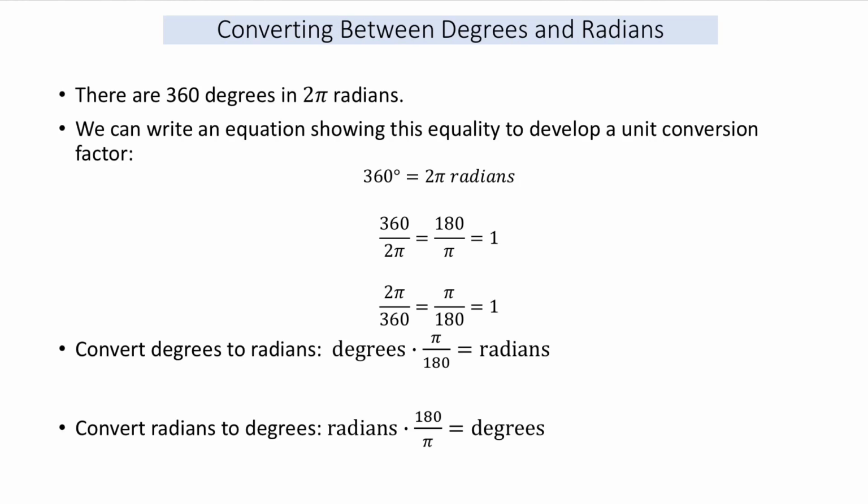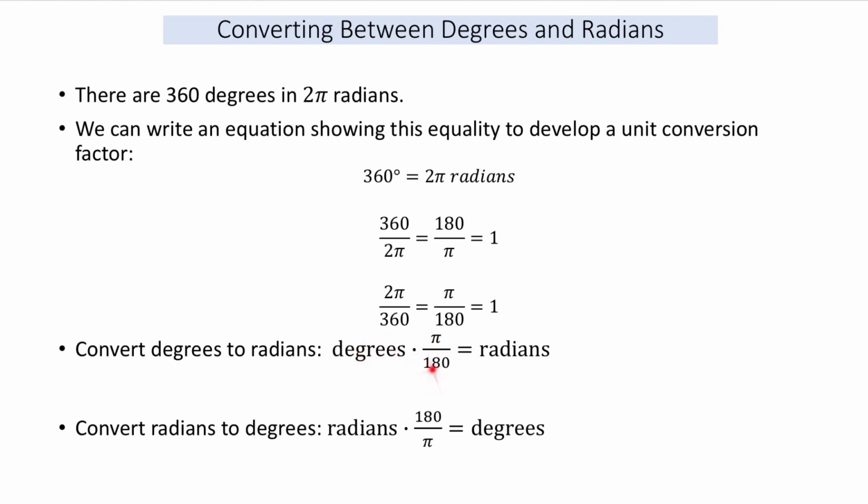All right, so we've got our conversion factor. So in one direction, if we want to convert degrees to radians, we would want the degrees to cancel. So you would have degrees here and degrees here, one on the top, one on the bottom. The radians, which you end up needing on the other side of the equals, would be on the top.